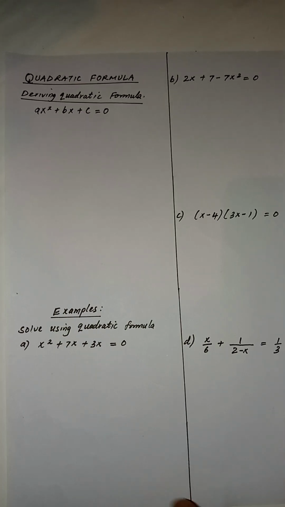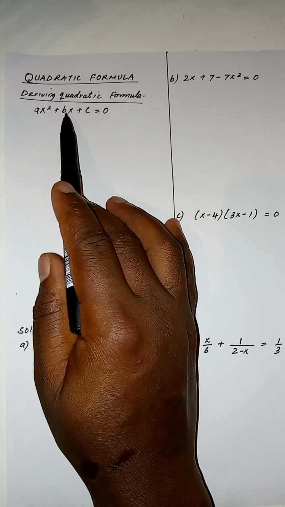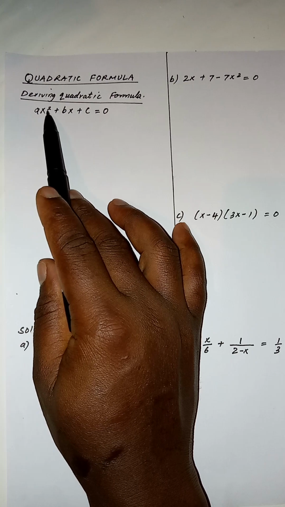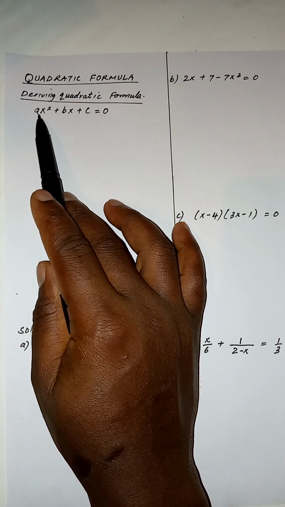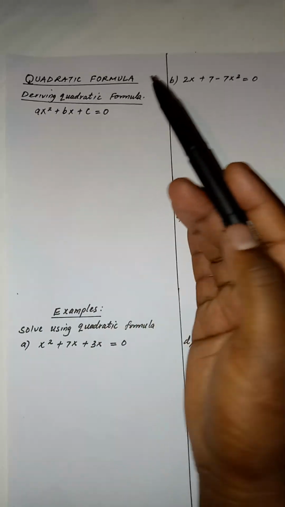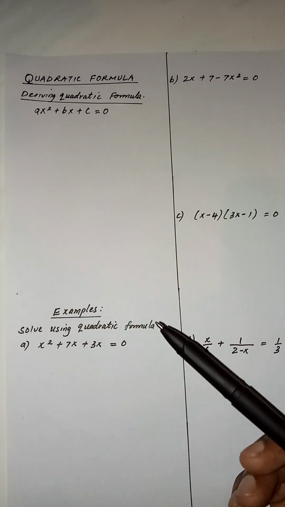From here we want to derive the quadratic formula. This is the first term, the second term, and the third term. The first term has a coefficient of a, the second term has a coefficient of b, and we have c. So a, b, c are constants.